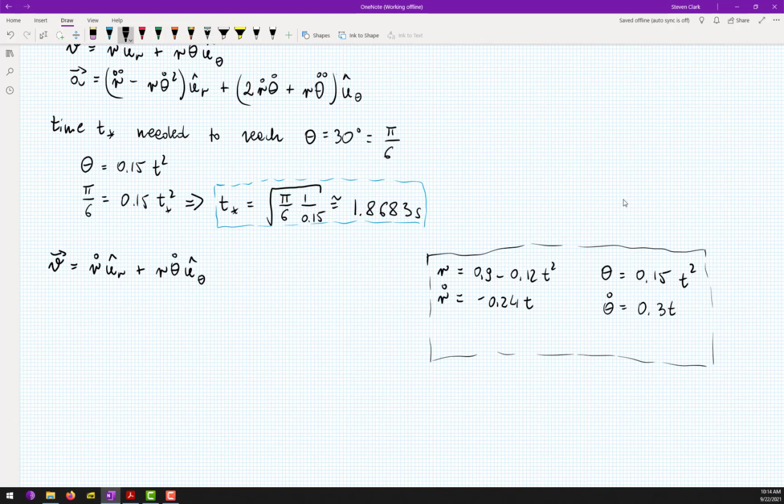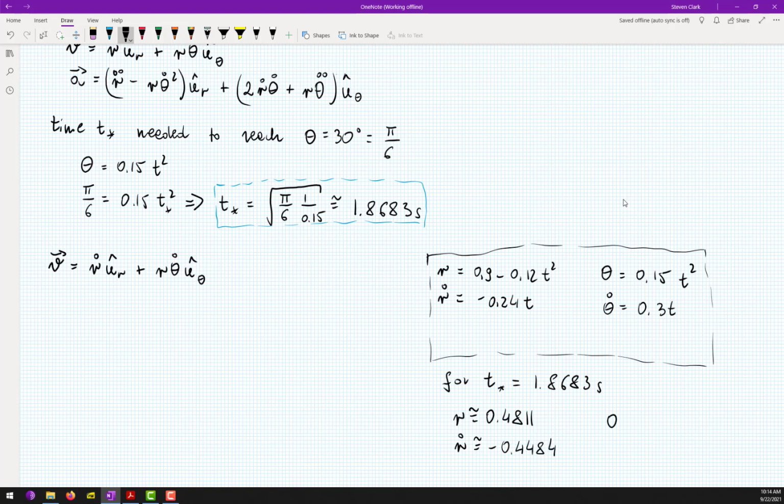And now let's find their values for t star equals 1.8683 seconds. So r for that time will be approximately 0.4811. R dot will be approximately minus 0.4484.